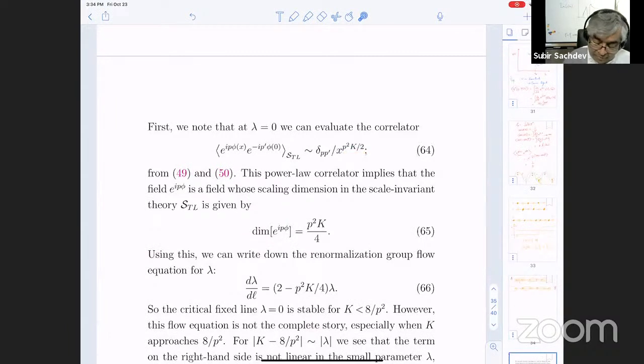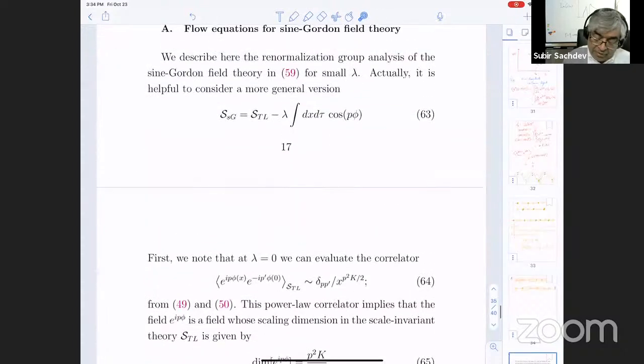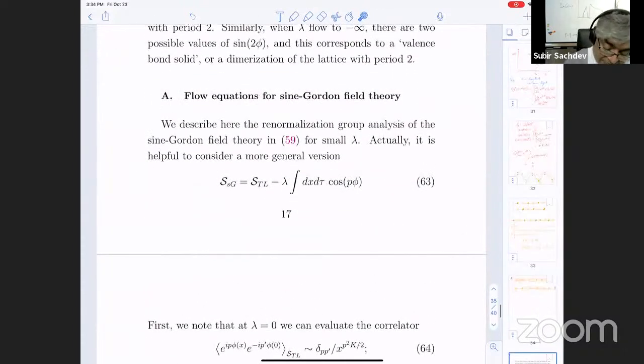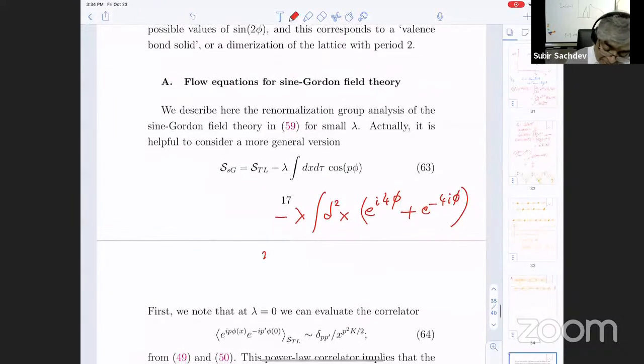That's p squared k over 4. So then if you go back here, if you look at this term here, this is minus lambda integral d2x, and then e to the i 4 phi plus e to the minus i 4 phi. And when you do some rescaling transformation, x goes to x over s, which will then become e to the L.